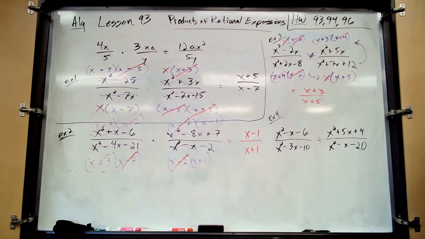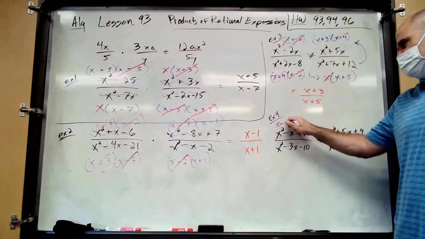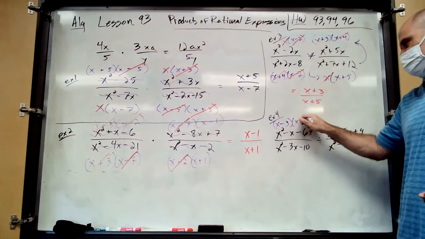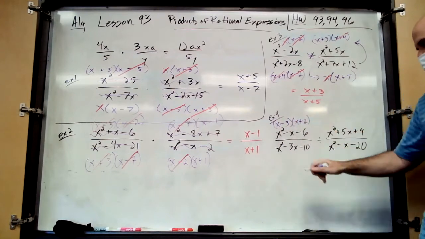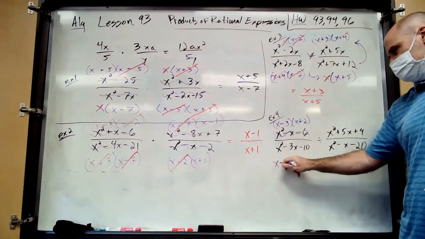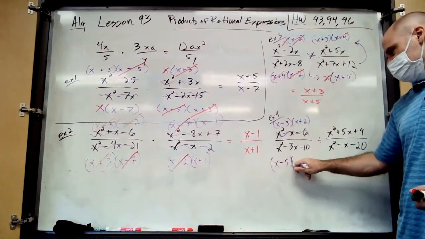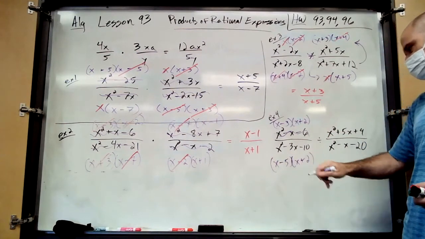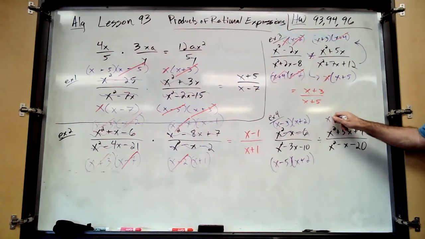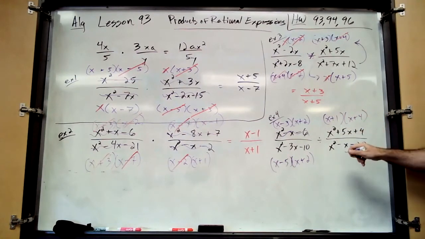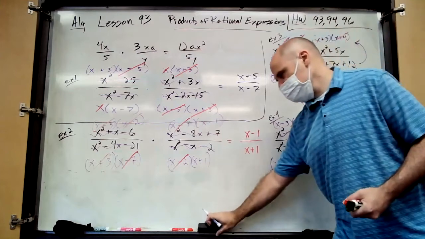I'm going to factor. So this is x minus 3, x plus 2. Here's an x minus 5, x plus 2. This is all positive, so x plus 1, x plus 4. Oh, I did it upside down.